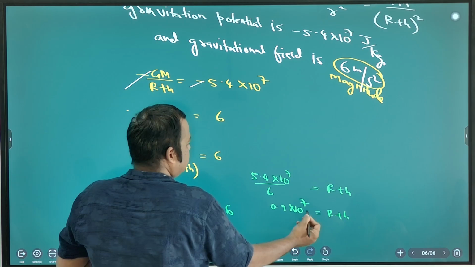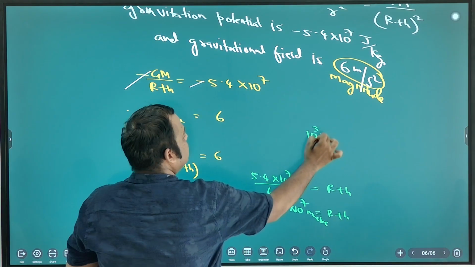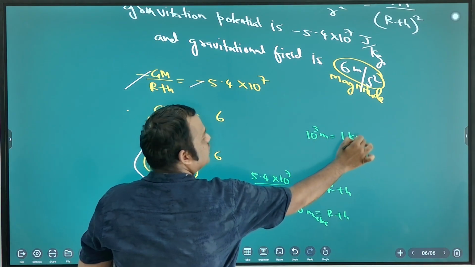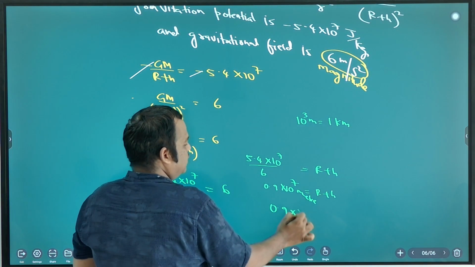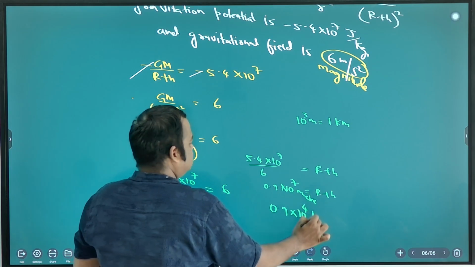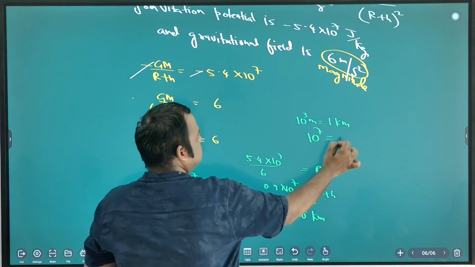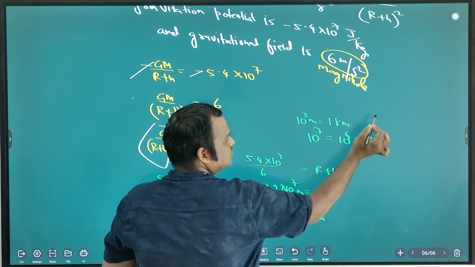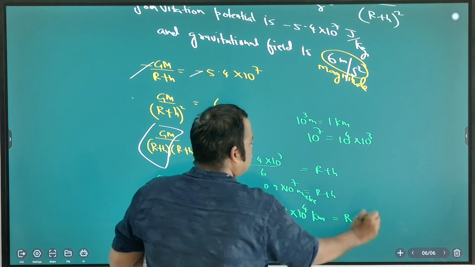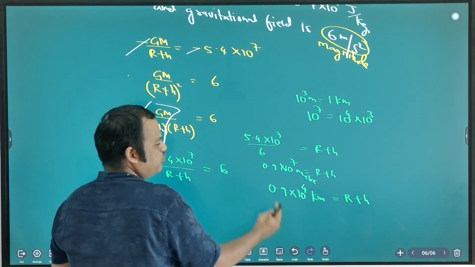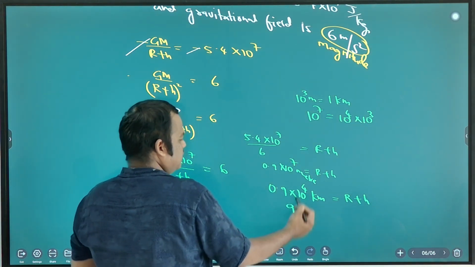Now this is in meter. So 10 power 3 meter is 1 kilometer. So this is 0.9 into 10 raised to 4 kilometer. You understood this? 10 power 7 means 10 power 4 into 10 power 3. Correct? This is equal to R plus H. So how much kilometer? 0.9 into 10 power 4, how much? 9,000.